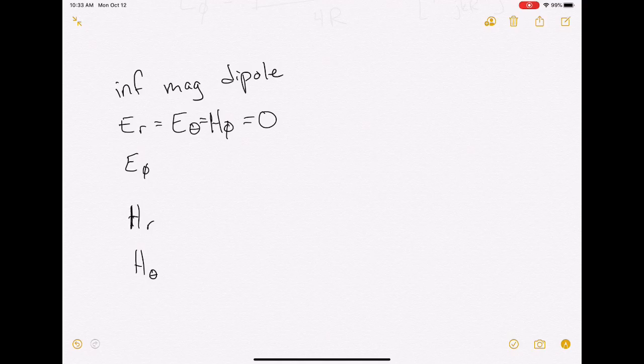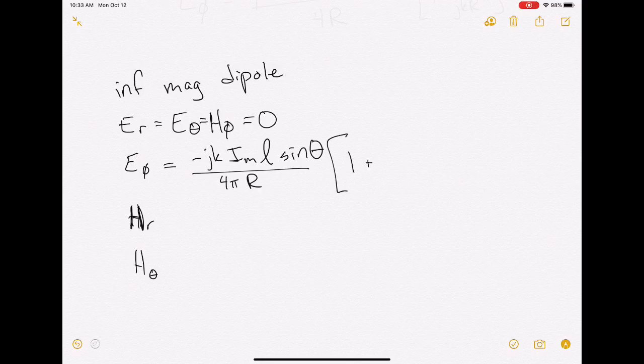The same components exist and don't exist for the infinitesimal magnetic dipole. So that's great. The E_phi component is minus jk times the magnetic current times the length of the magnetic dipole, sine theta over 4 pi r, times 1 plus 1 over jkr, e to the minus jkr.